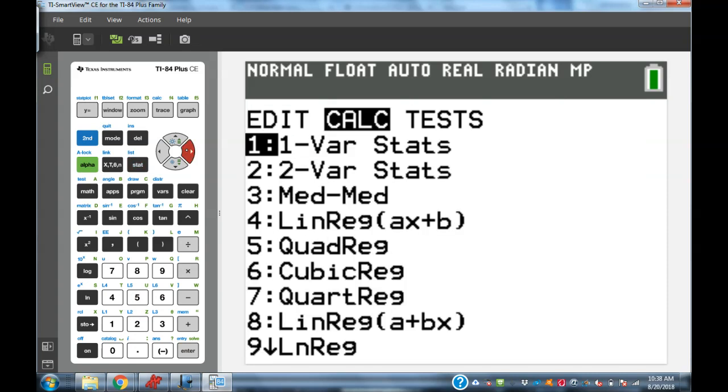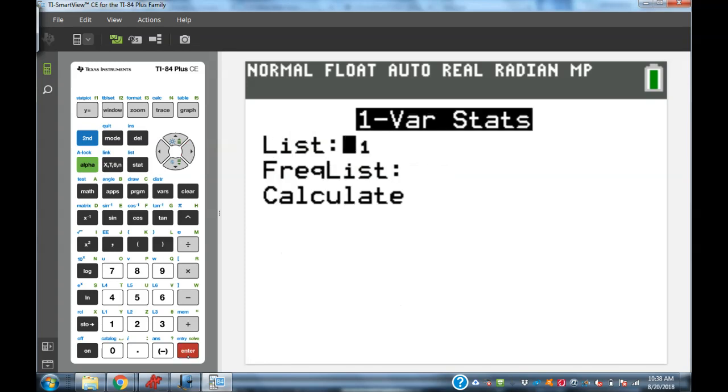I'm going to use one variable stats, the very first option there. And that'll crank out a lot of things. So I'm going to hit enter there on number 1 and list the list of the data values. Mine's in list 1. So I want to make sure that says L1. If it doesn't say L1, you're going to hit second and the number 1 to put L1 there.